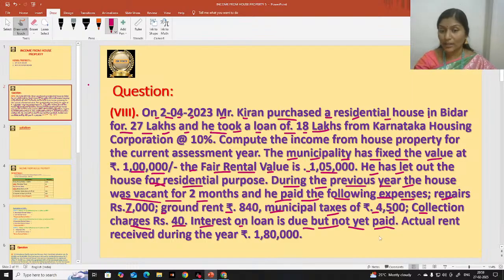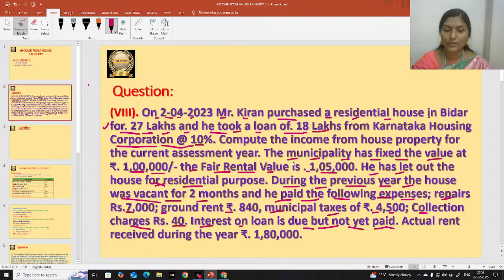They did not mention the amount here, but on the top of the question, in the first two lines, they mention clearly the house is purchased for 27 lakhs and he took a loan of 18 lakhs. Total house price is 27 lakhs, but he did not take a loan for the complete amount. He took only 18 lakhs worth of loan from the Karnataka Housing Corporation at the rate of 10% interest.